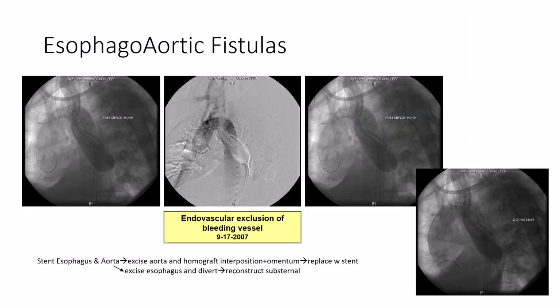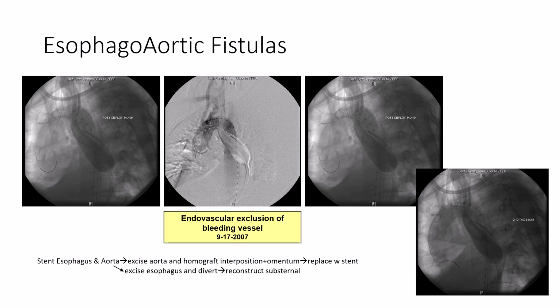And even more difficult to treat, endovascular exclusion has been described for patients with this new issue of esophago-aortic fistulas. Esophago-aortic fistulas have been treated in the past with endovascular exclusion for the bleeding vessel going into the esophagus. In this particular instance, you can see the stent in the esophagus and the aorta.